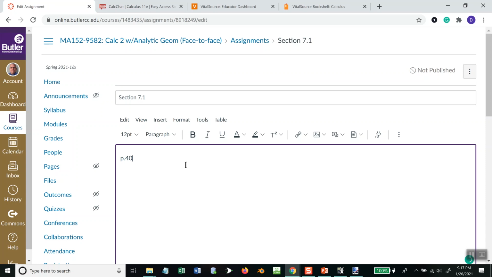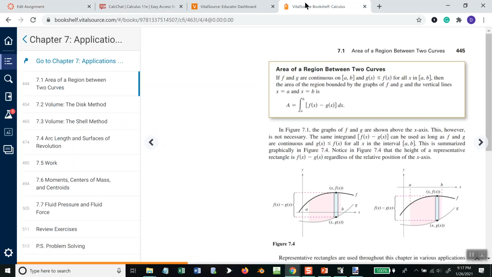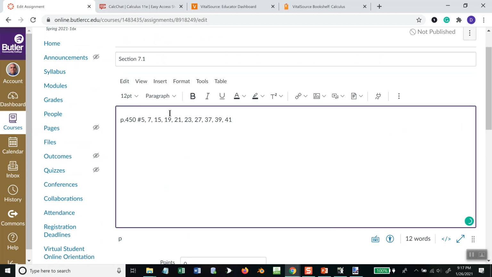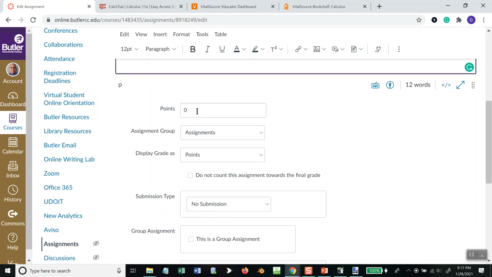Page 450, numbers 5, 7, 15, 19, 21, 23, 27, 37, 39, 41. You can pull us up on Canvas. How many problems is that? 1, 2, 3, 4, 5, 6, 7, 8, 9, 10. Yeah, 10. So I'll make that 20 points.